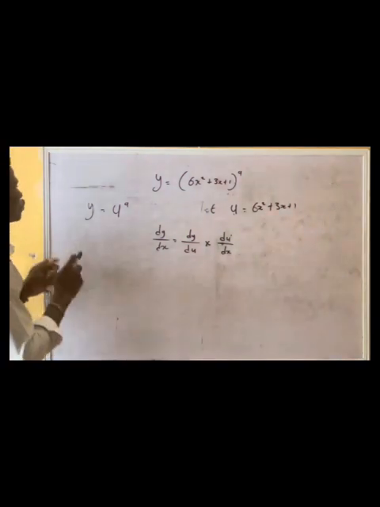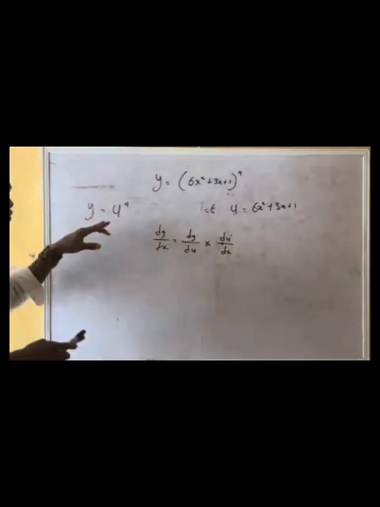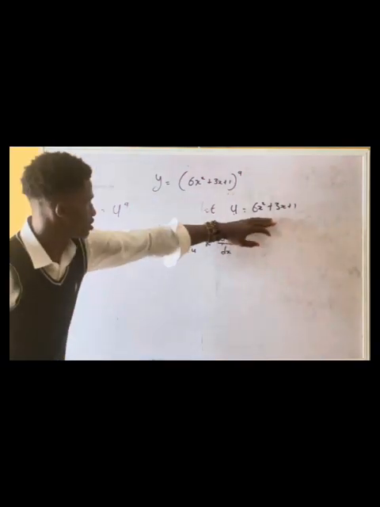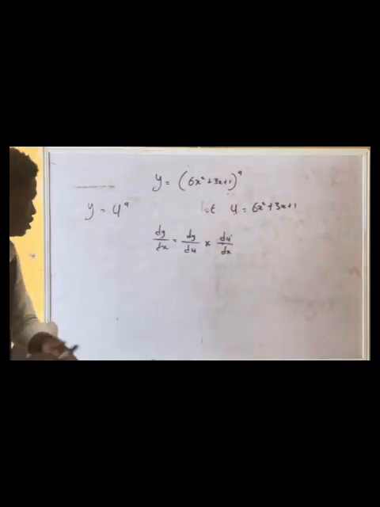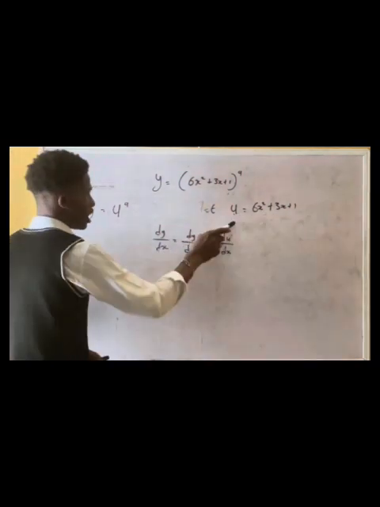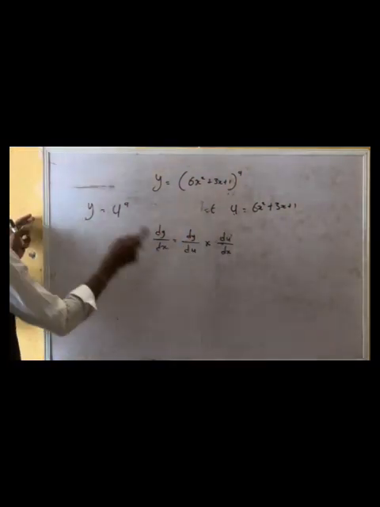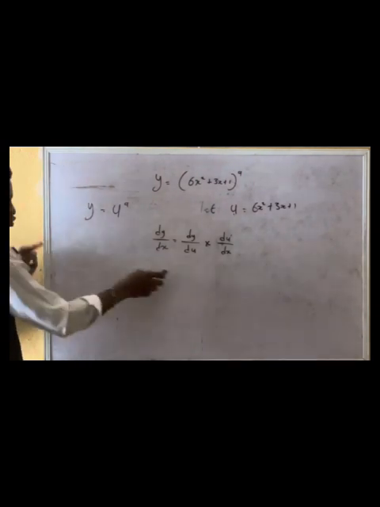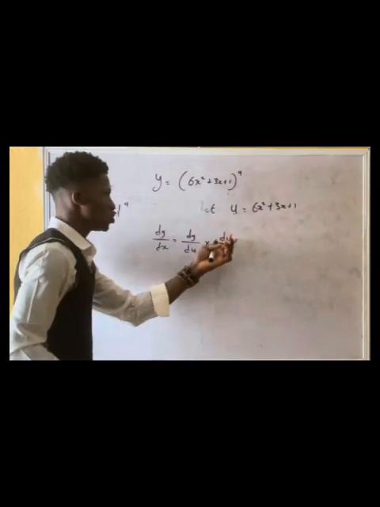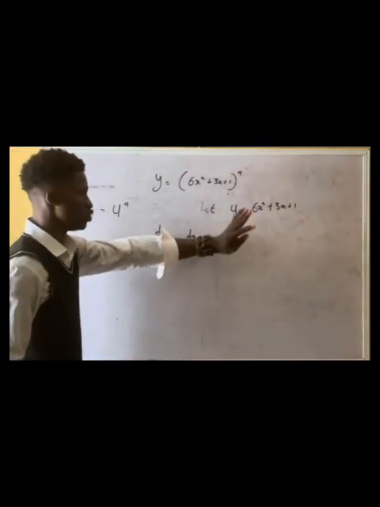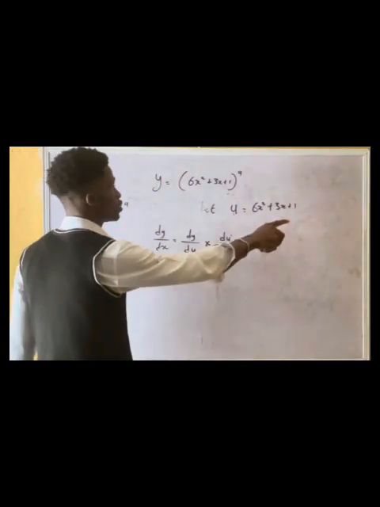How do we get that? You look for the one that has y and u, and that is the one you differentiate. This one does not have y, it only has u and x. This one has y and u. So we are differentiating y with respect to u. Differentiating u with respect to x, you look for the one that has u and also has x, which is this one.